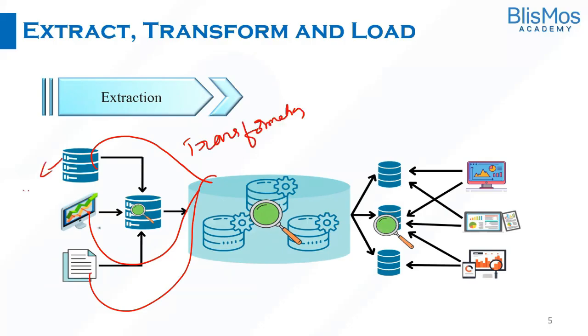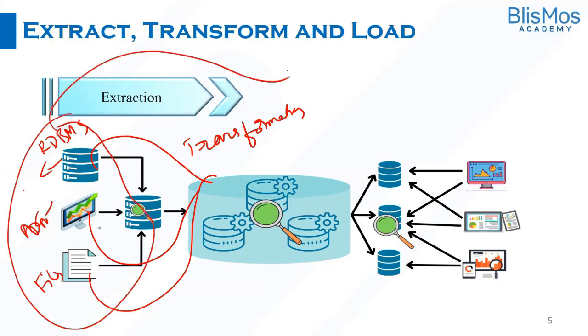There is an important reason for that. If you see all these sources, these are the RDBMS systems, these are the applications, and these are some files. All these are in a way supporting the operations. They're called transactional processing systems. So they are supporting the day-to-day business activities.